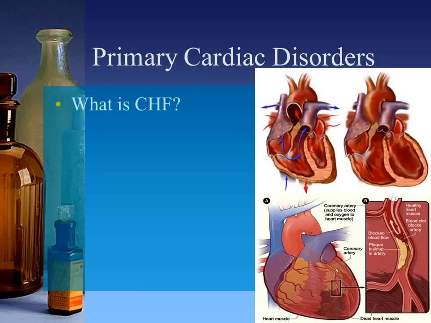That left ventricle just cannot get enough blood out to the tissues of the body. And therefore you start to see the issues of someone being short of breath, having difficulty walking up steps. Any type of activity can make them weak and tired because their heart can't get enough blood to their tissues.